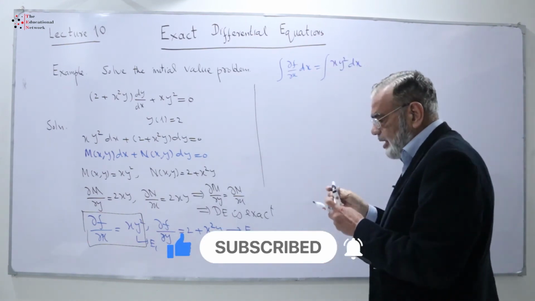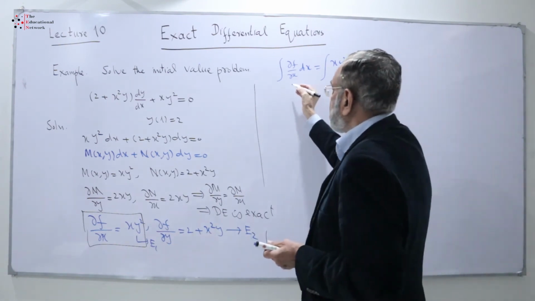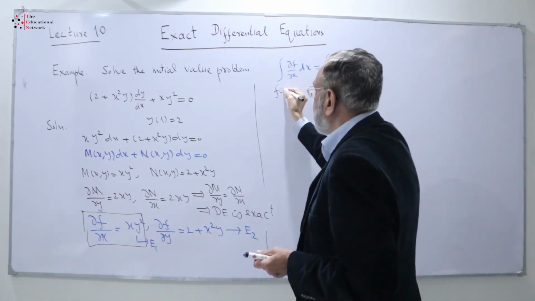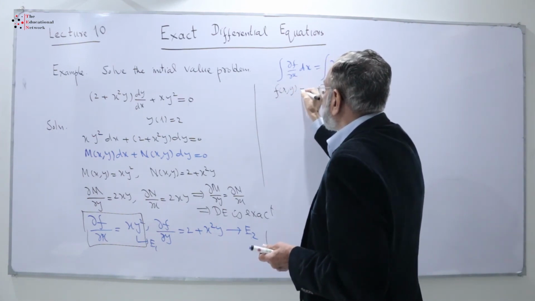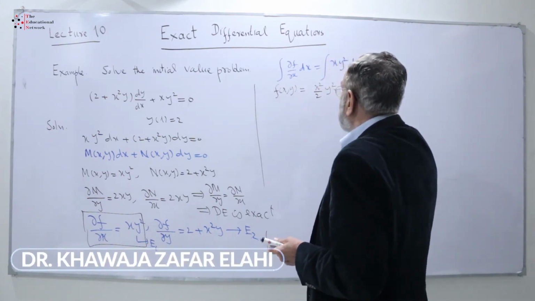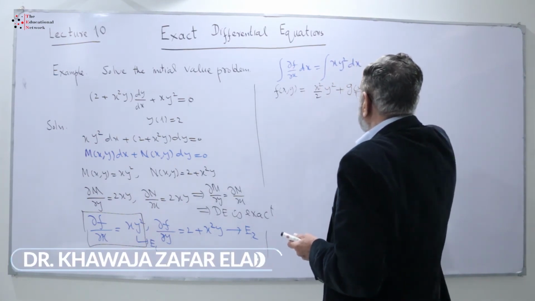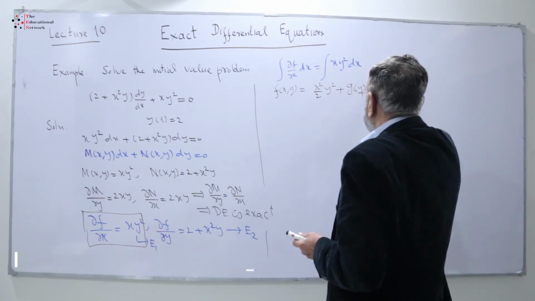Here we are just integrating partially. y is constant. So the integral gives f(x,y) is equal to x square by 2 times y square plus a constant with respect to y, g(y). This is my equation E3.